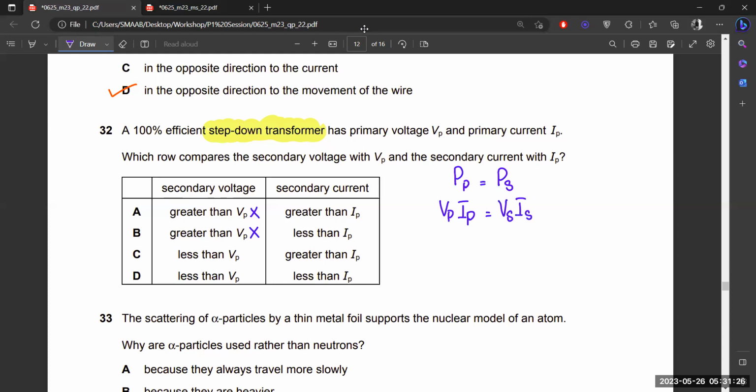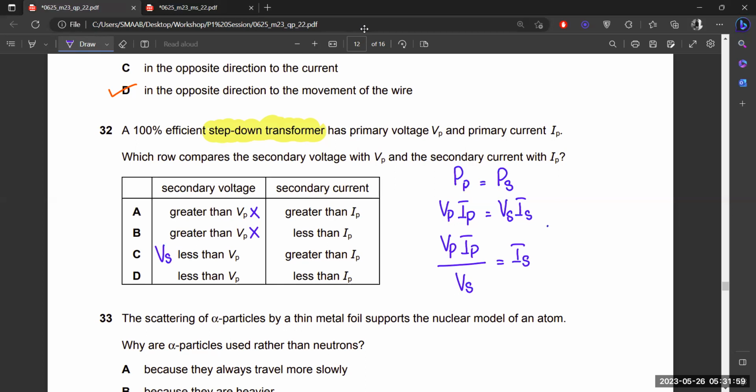Basically the voltage of the secondary coil will be less than the primary coil because we are using a step down transformer, but the current in the secondary coil will be greater. If we compare the equation, VP IP divided by VS, we already mentioned that VS is less than VP. So if VS divides on the left hand side, IS will be greater than IP, right?